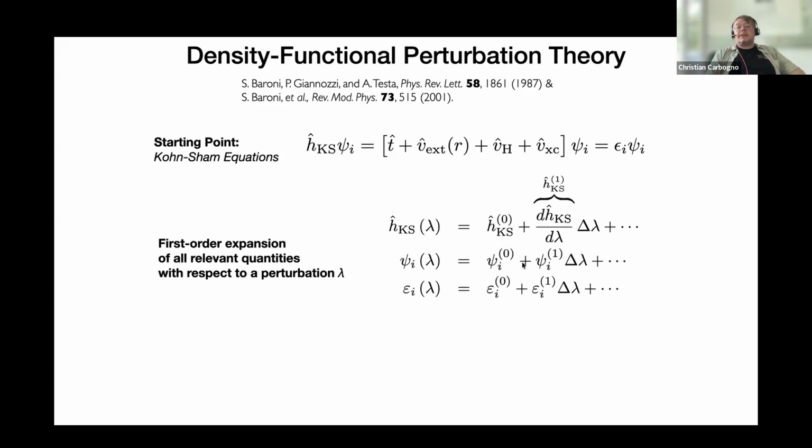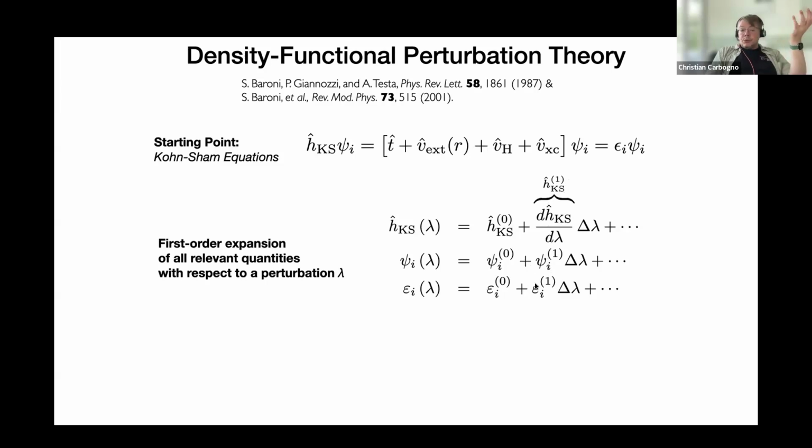Same for the wave function, same for the eigenvalues. For the sake of simplicity, to really distinguish that, instead of writing explicit derivatives, this is often written with this index up here where we say zero derivative, first derivative, and so on.